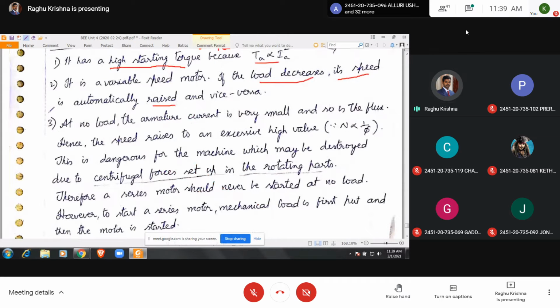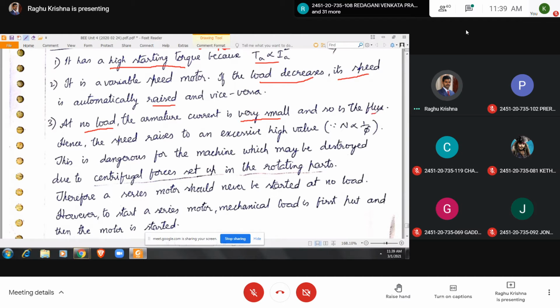Now coming to the third point: at no load, the armature current is very small. At no load means we have not connected any load to the motor shaft, so the rotor is rotating freely. You have not connected any belt or anything to that shaft. At no load, the armature current is very small, and so is the flux.